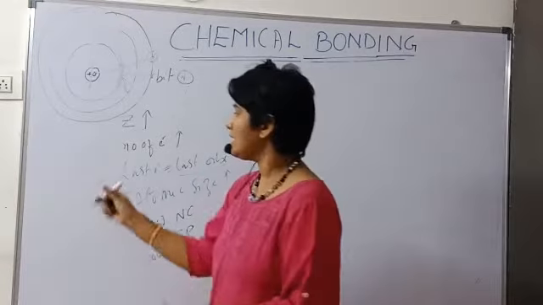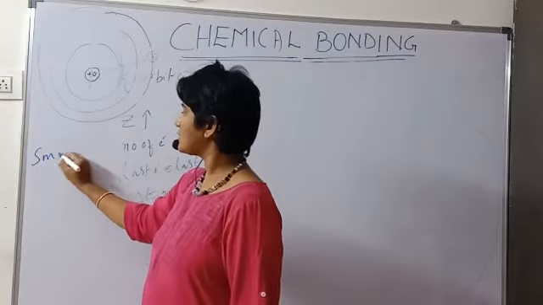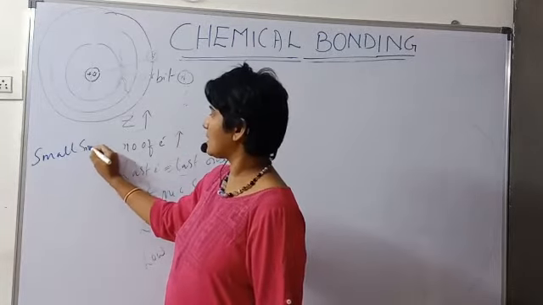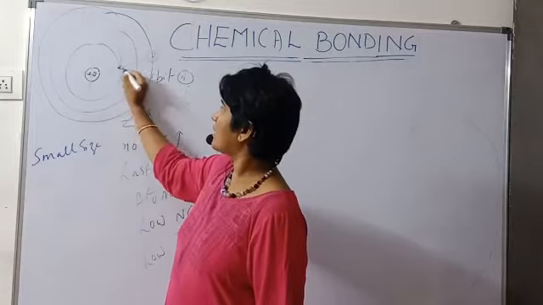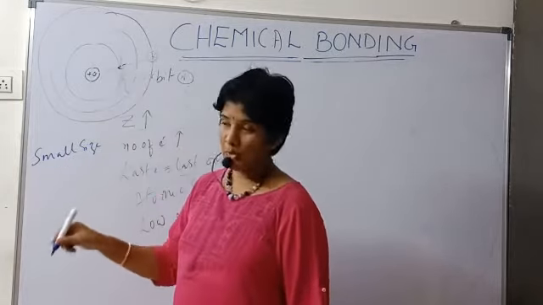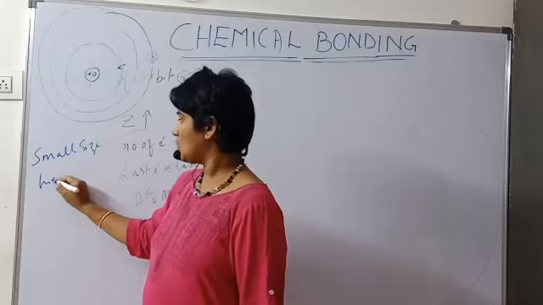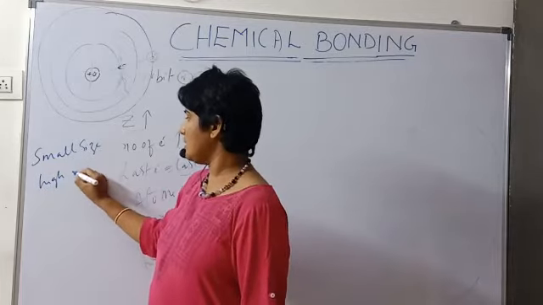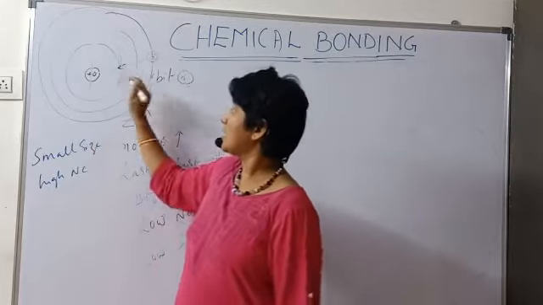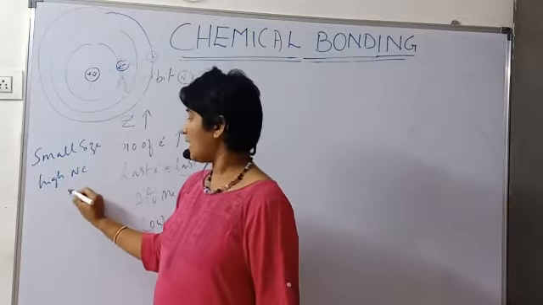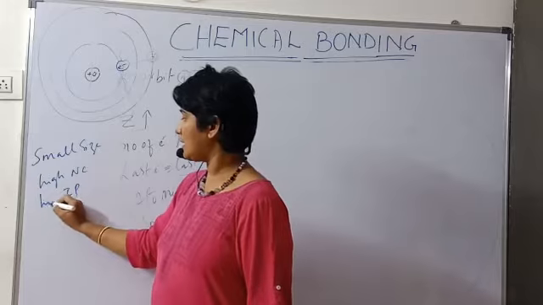If it is a small atom, with small size, then in that case the electron is very close to the nucleus. So therefore the nuclear charge over the outermost electron is more. In this case the electron is strongly held by the nucleus, so the IP will be high.